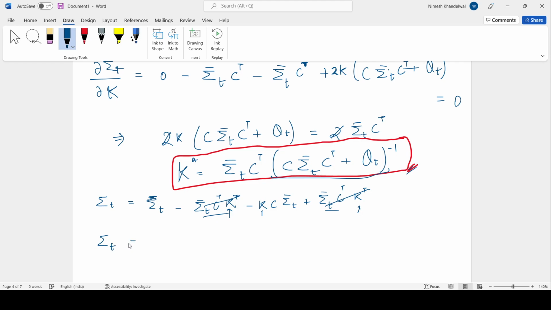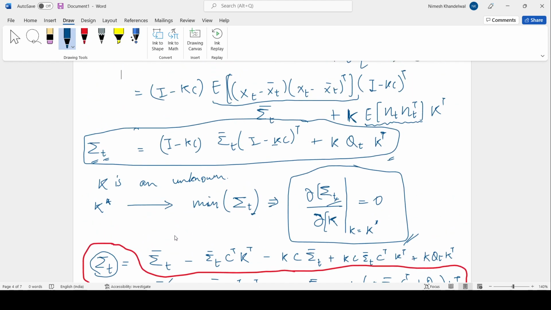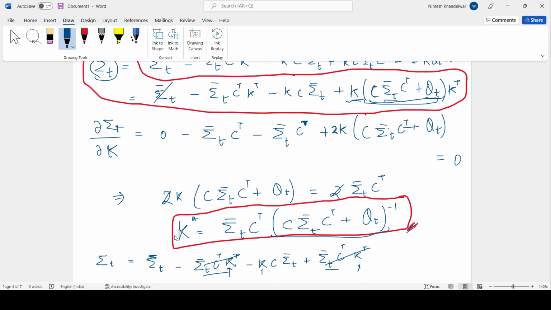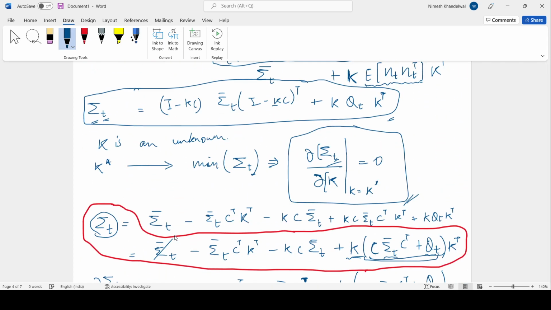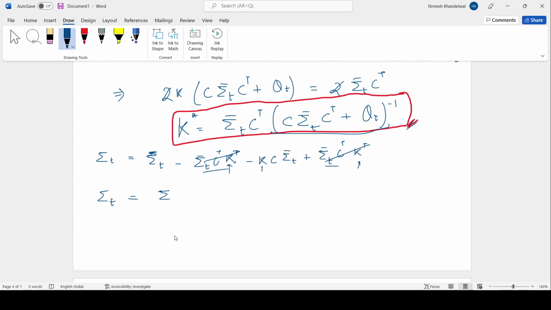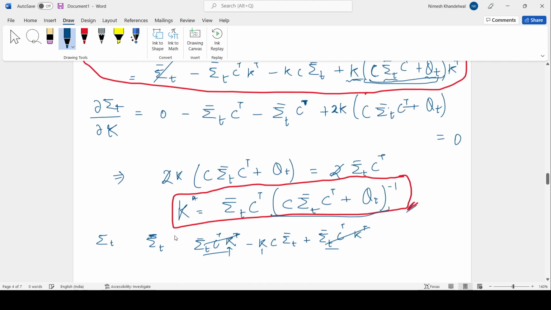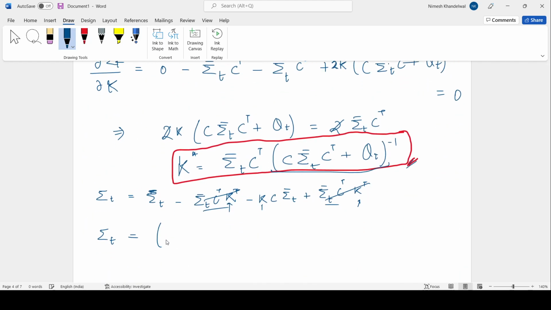So essentially, the final update rule for sigma after measurement is, I take sigma bar of t as common.